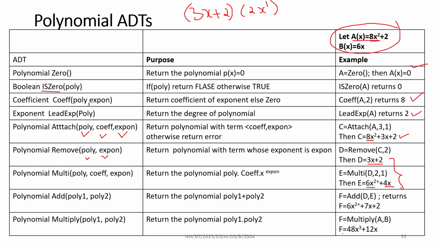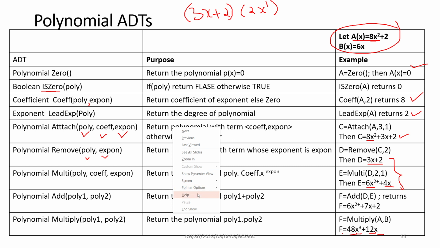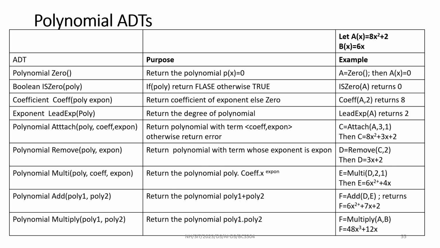That gives answer F. 6 into 8, 48. x into x square, x cube. 6 into 2, 12. And x. This is the answer. These are ADTs. When you are using any programming language, you can implement it.